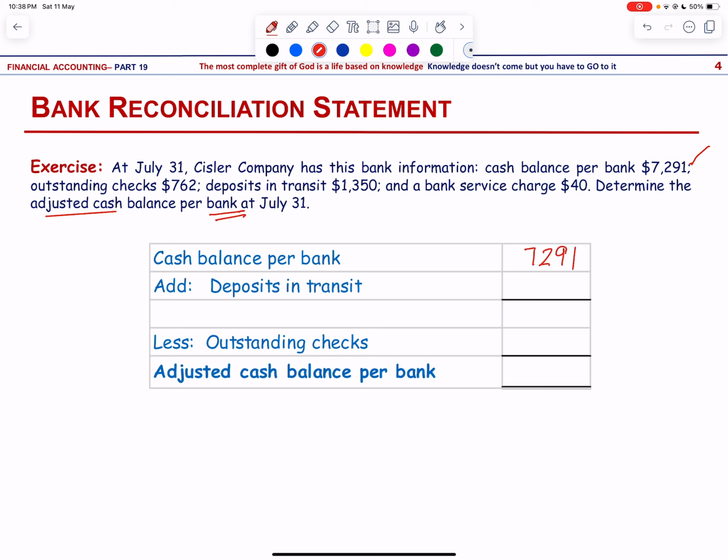To this, we are going to add the deposits in transit, that is 1,350. So the total is 8,641. And from this, we are going to subtract the outstanding checks of 762. So that is 7,879.